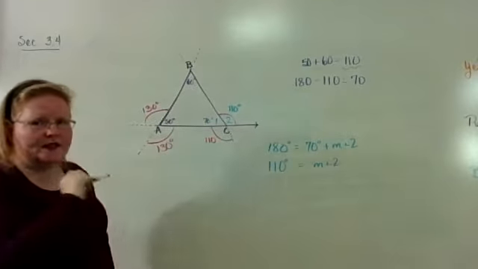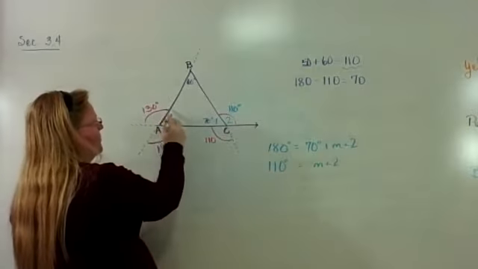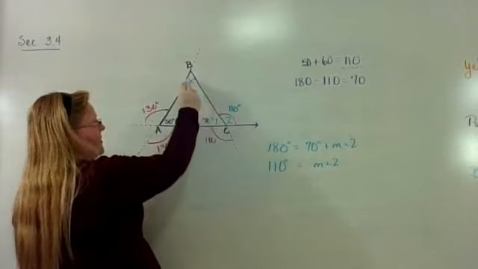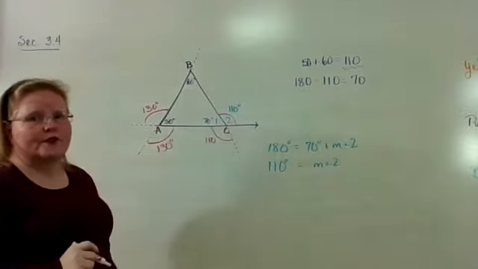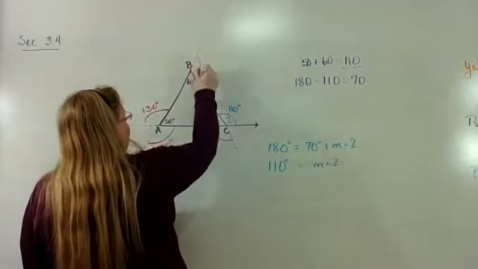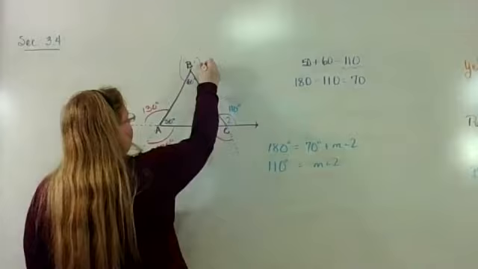That's what makes it have a different number, because when we talk about its remote interior angles, it's going to be 70 and 60, the ones that are far away, not the one that's really close up there. And of course, the other two are going to be this one right here and that one right there, and they're going to be the sum of that, which is 120.